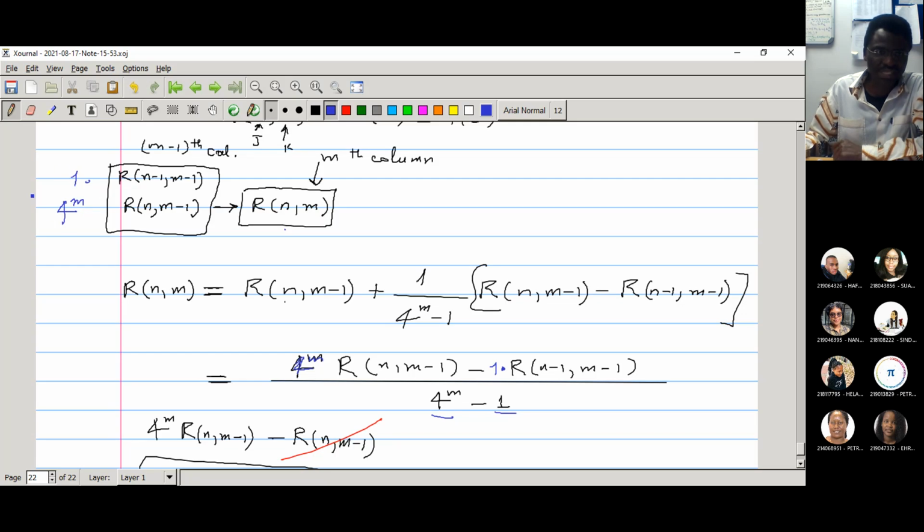So if I take this weighted sum, right? So this one will be called a weighted average of these two. You know that if you take a weighted average, you need to know the weight of each term in the estimation. So the row above, the weight is 1. The row below, the weight is 4 to the n.